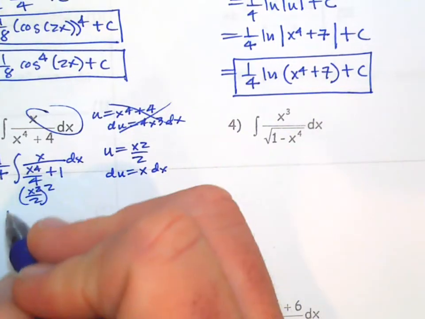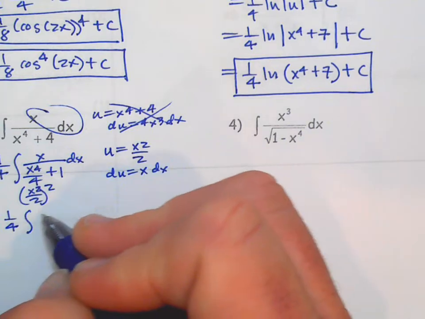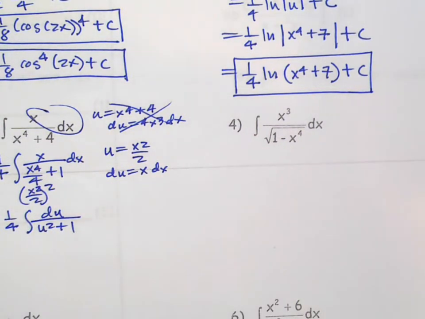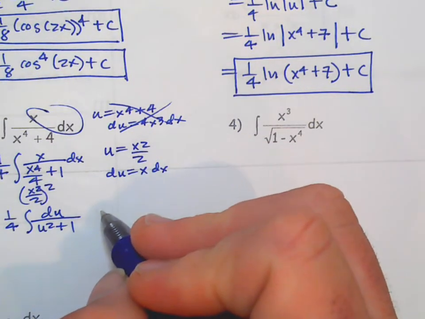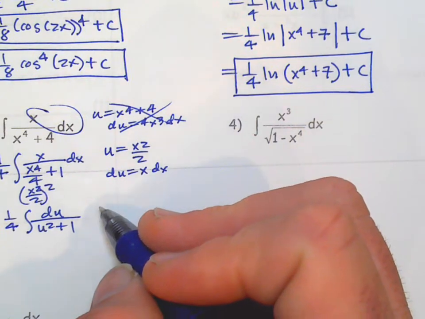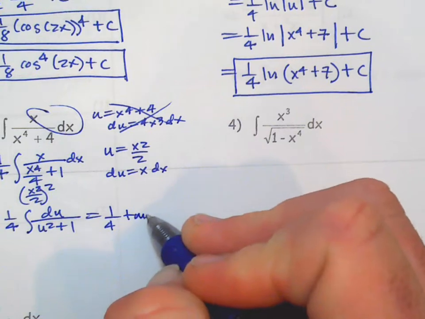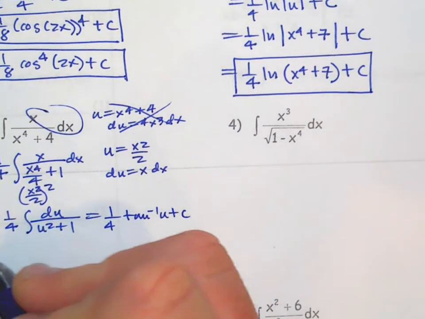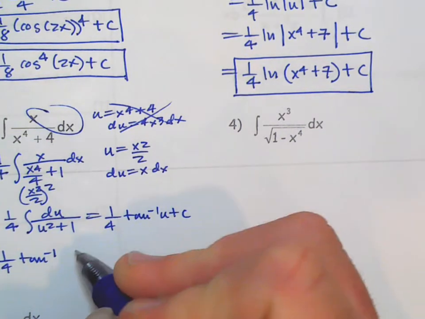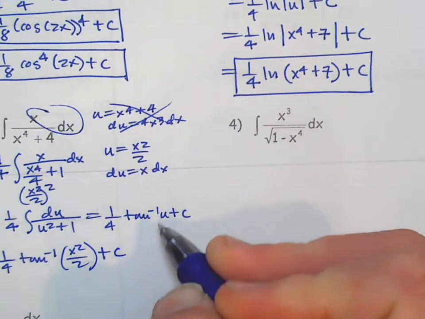So this is going to be 1/4 du over u squared plus 1. So that's going to be 1/4 inverse tangent u plus c, which is 1/4 inverse tangent of x squared over 2 plus c.